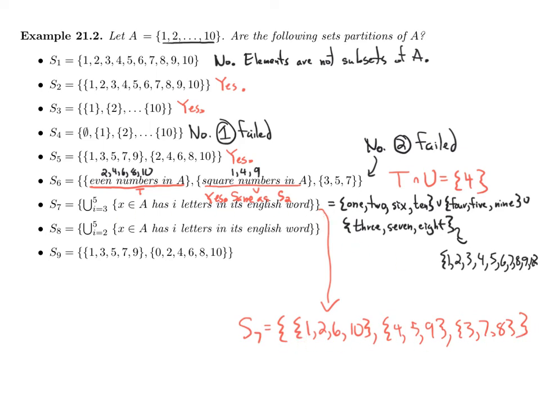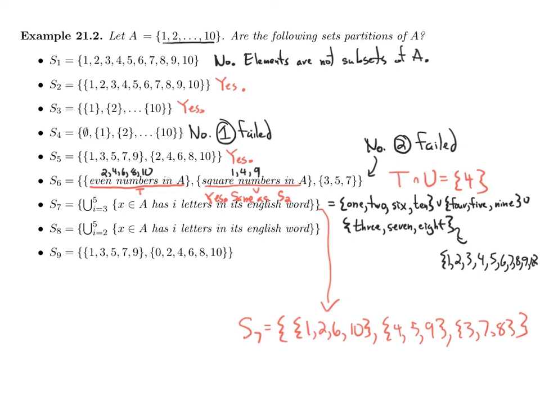Here we have a partition, but it's the same partition as S2. Even though it looks like 3 different sets, remember, it's the union of these 3 sets, which ends up being all of the numbers. So it's subtle, but it's different.